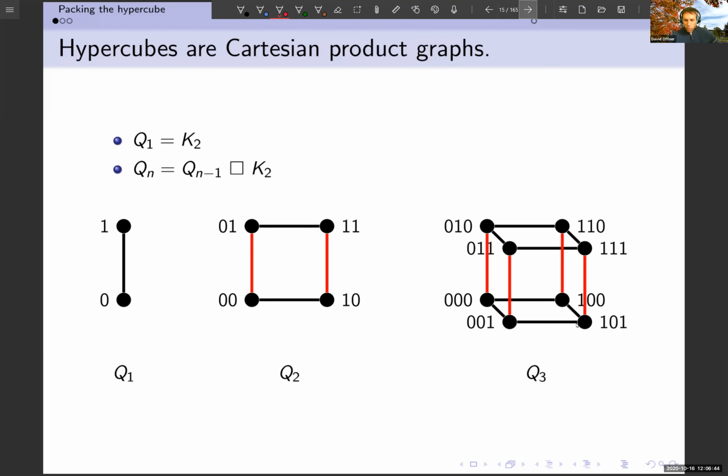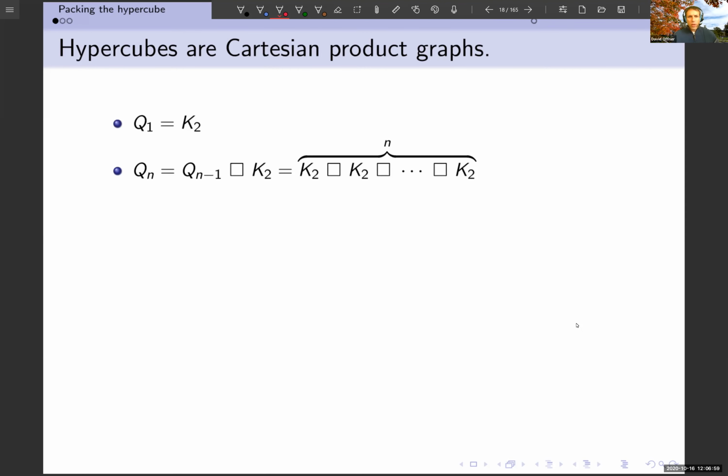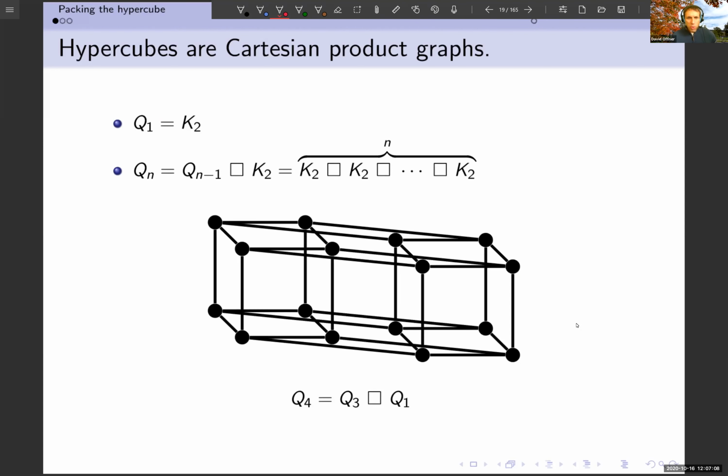Similarly, to get Q3, I take 2 horizontal copies of Q2 and 4 vertical copies of K2, or Q1, etc. In general, you can think of Qn as the n-fold Cartesian product of K2. One nice thing about this is that, depending where you put your parentheses, we can think of a large hypercube as a Cartesian product of smaller hypercubes in multiple ways.